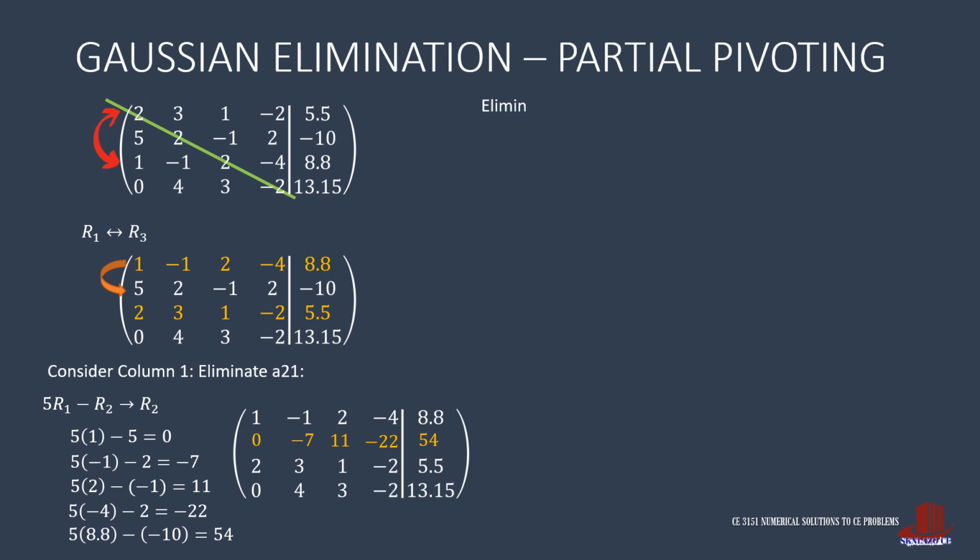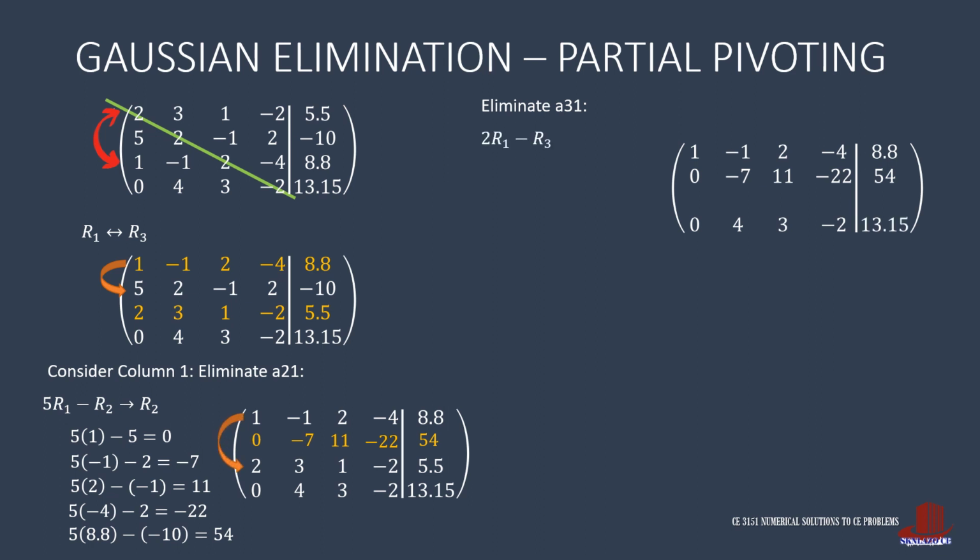Since the first element below A11 is already zeroed out, continue eliminating element 3,1 with the equation twice of row 1 minus row 3 as the new row 3. First, there is twice of row 1 minus 2 to get 0. Then next is 2 times negative 1 minus 3 giving negative 5. Next is 2 times 2 minus 1 as 3.